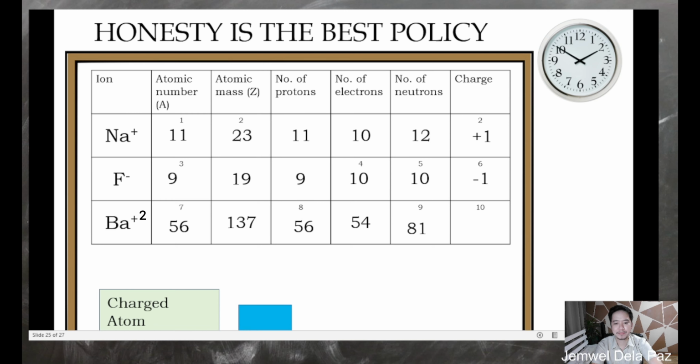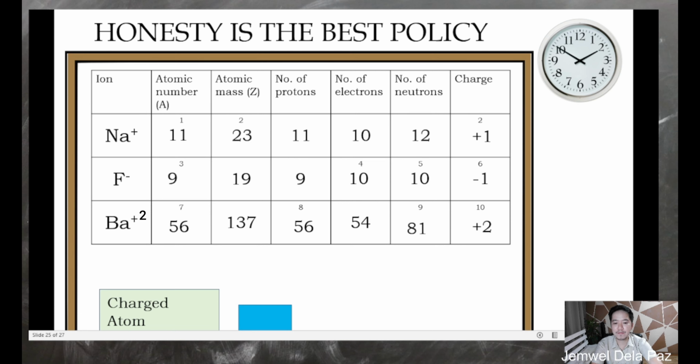How about the charge? Correct. The charge is positive 2. Where did you get positive 2? First, you can see it in the notation Ba positive 2. The positive 2 there is the charge.